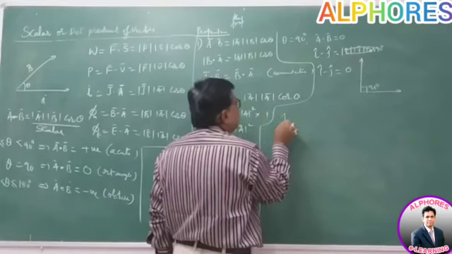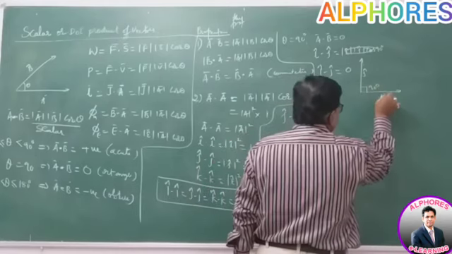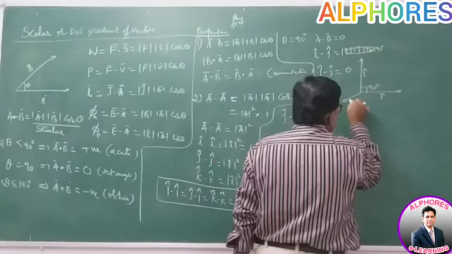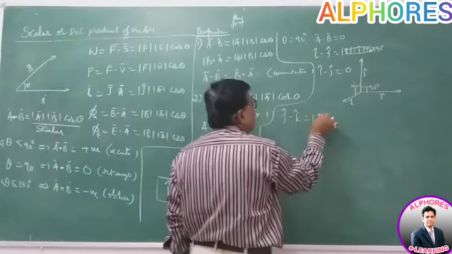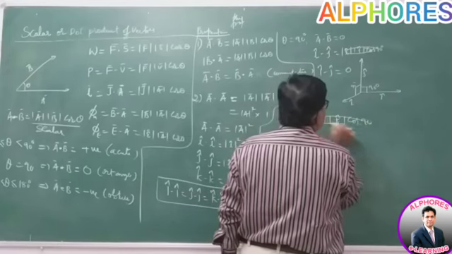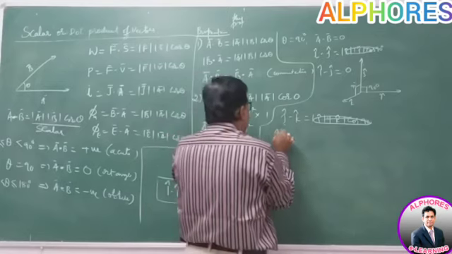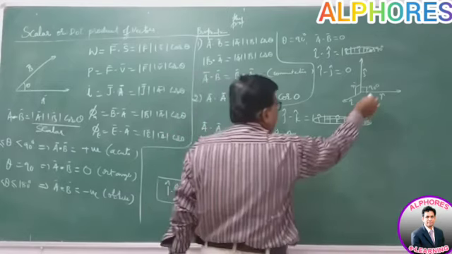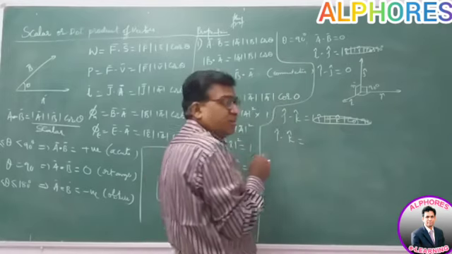Similarly, if I take j cap dot k cap, k cap is on the z axis, and this is also 90 degrees. So this is also mod j, mod k, cos 90, which is also 0. Similarly, I cap dot k cap is also 90 degrees, the angle between the x and z axes.